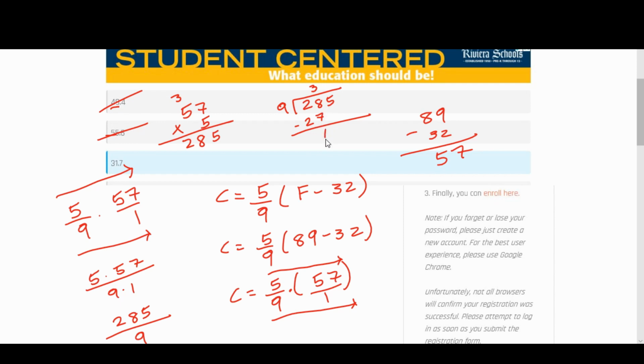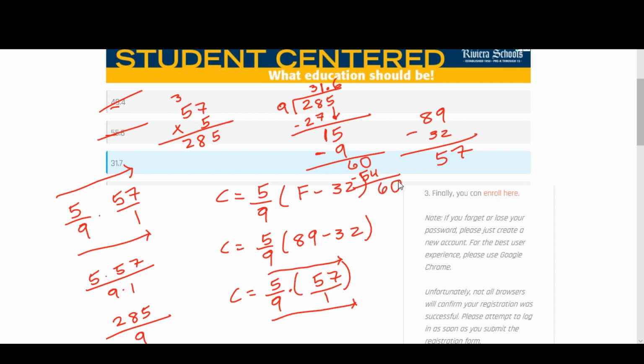28 minus 27 is 1. We drop down this 5 accordingly. 9 goes into 15 1 time without going over. 9 times 1, of course, is 9. 15 minus 9 is 6. 9 doesn't go into 6. It's too small. We have to add a 0. By adding that 0, we have to add a decimal in the top of the division bracket. 9 goes into 60 6 times without going over. 9 times 6 is 54. 60 minus 54 is 6.